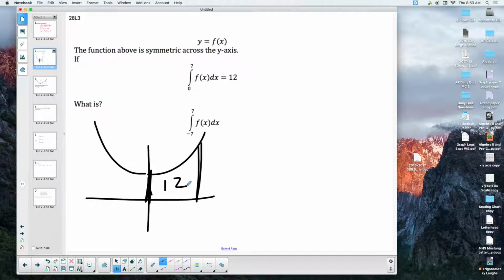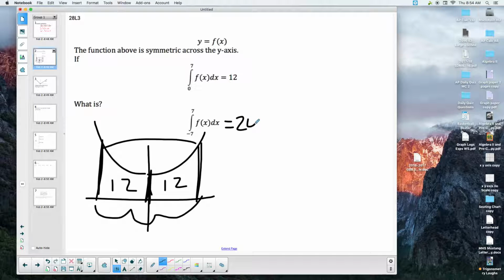Well, if the left and the right side are the same, this area is 12 as well. So to go from negative 7 to 7 will be 24. So that one ended up being 24.